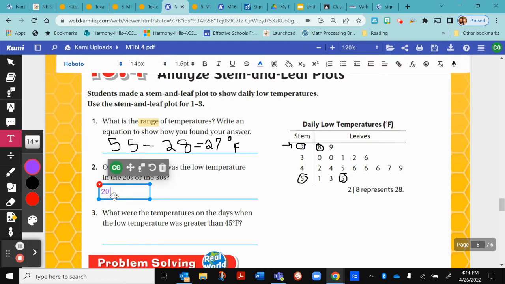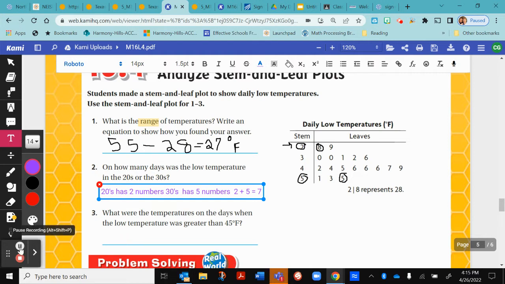So the 20s has 2 numbers, and then the 30s, and then I'm going to count that 1, 2, 3, 4, 5, has 5 numbers or 5 leaves. And so I'm looking for the total amount, so I'm going to add this. So 2 plus 5 equals 7.